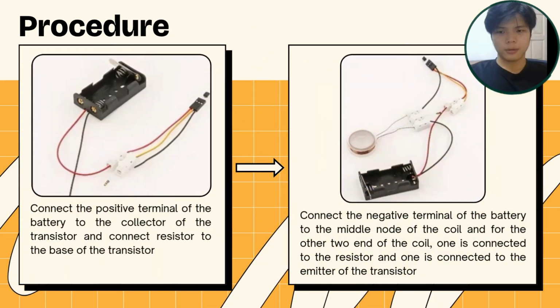Following the procedure, first, we connect the positive terminal of the battery to the collector of the transistor, and we connect the base of the transistor to the resistor. After that, we connect the negative terminal of the battery to the middle point of the coil. And we connect one of the two ends of the coil to the resistor, and the other end to the emitter of the transistor.